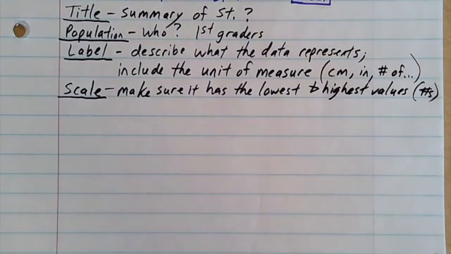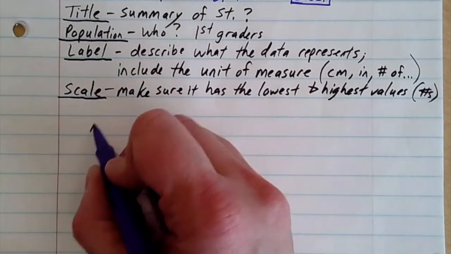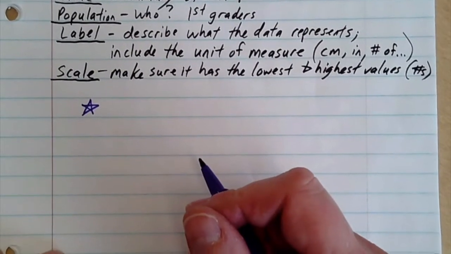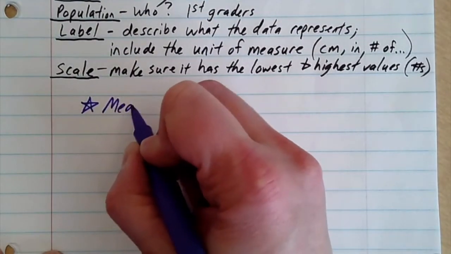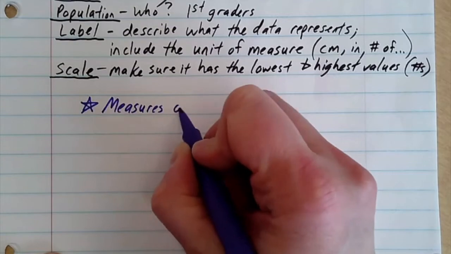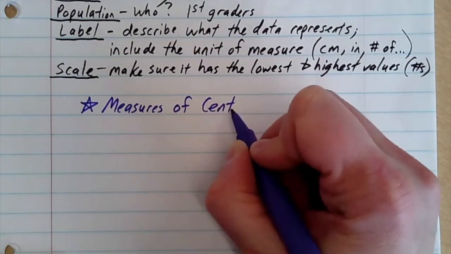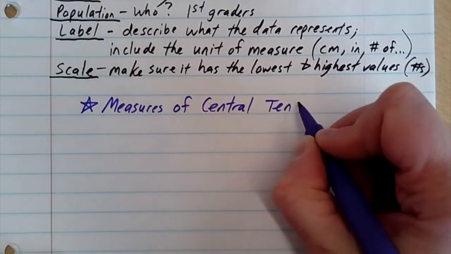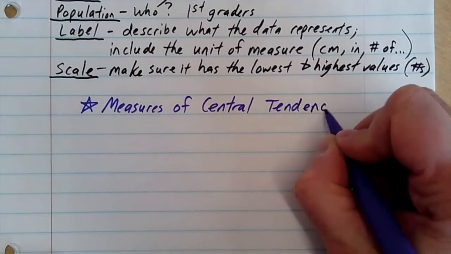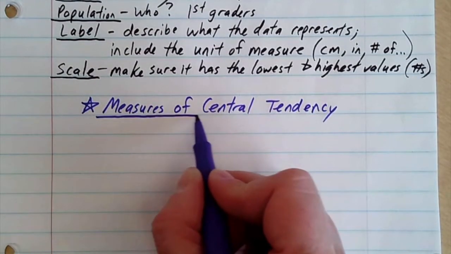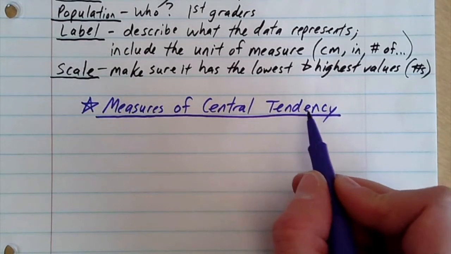Another thing I want to talk about is measures of central tendency, and you're going to see this a lot. So we call it measures of central tendency. And if you kind of listen to that, how do we measure central tendency? Tendency means it happens a lot. It tends to happen.